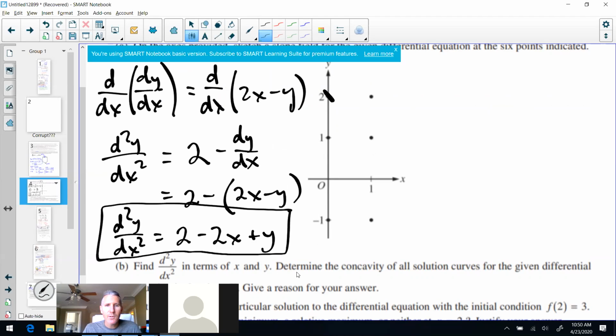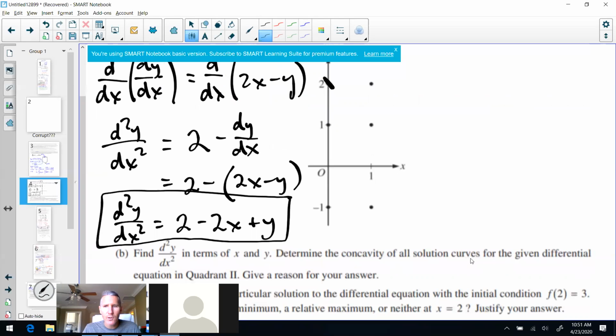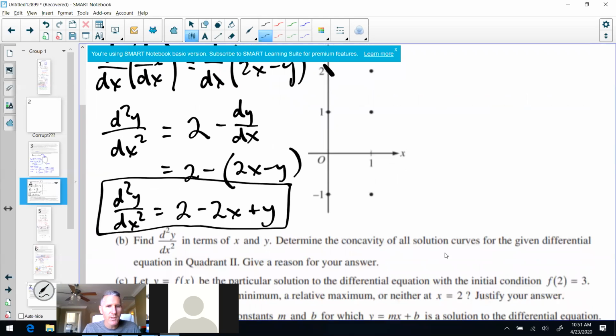And now they ask me to determine the concavity of all solution curves for the given differential equation in quadrant 2. So in quadrant 2, I have a negative x value and a positive y value, right? In quadrant 2, x is less than 0 and y is greater than 0.